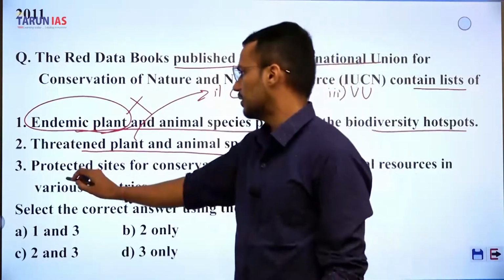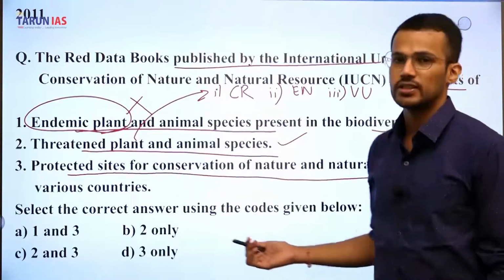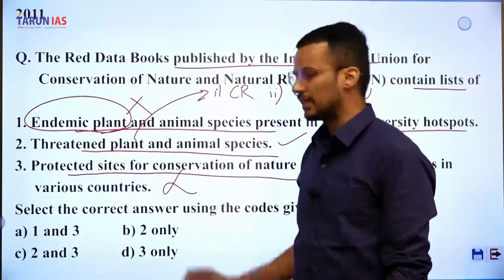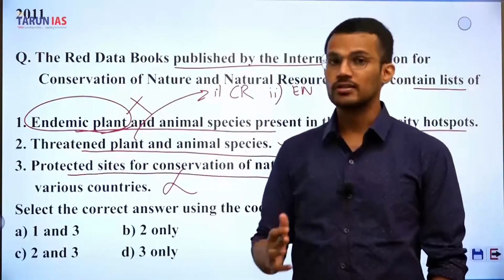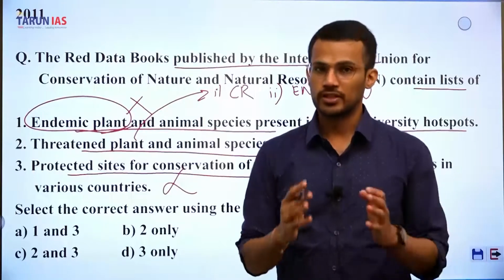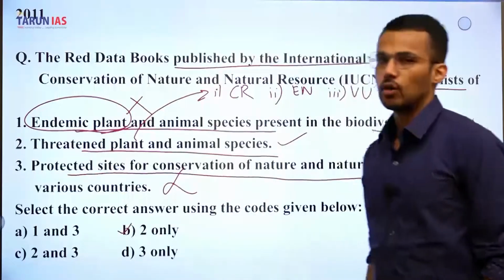Next, third statement, the protected sites for the conservation of nature and natural resources in various countries. So again, this is incorrect, because the IUCN's red data book does not talk about protected areas, and that's why answer is 2 only, mentioned in option B.